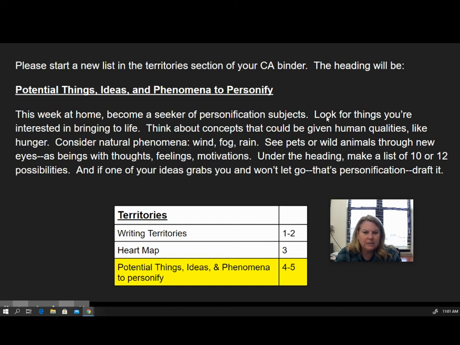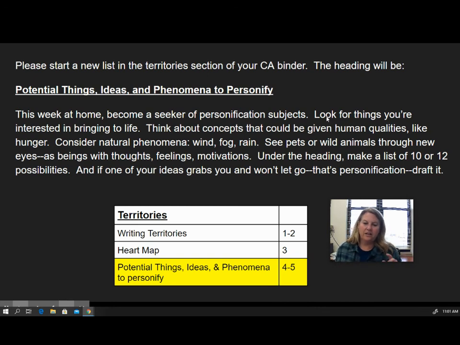Think about concepts that could be given human qualities, like hunger. Consider natural phenomena like wind or fog or rain. See pets or wild animals through new eyes as beings with thoughts, feelings, and motivations. Under the heading, make a list of 10 or 12 possibilities, and if one of your ideas grabs you and won't let go, by the way, that's personification, draft it.